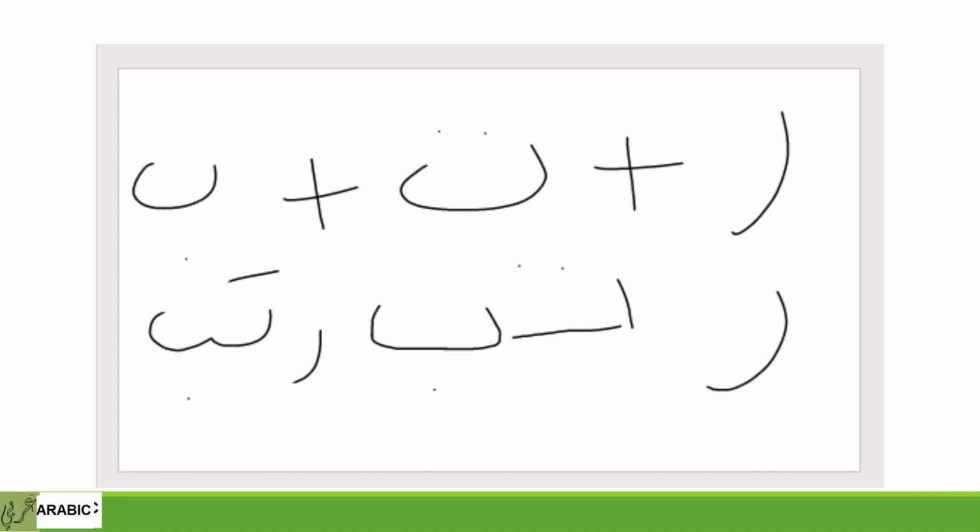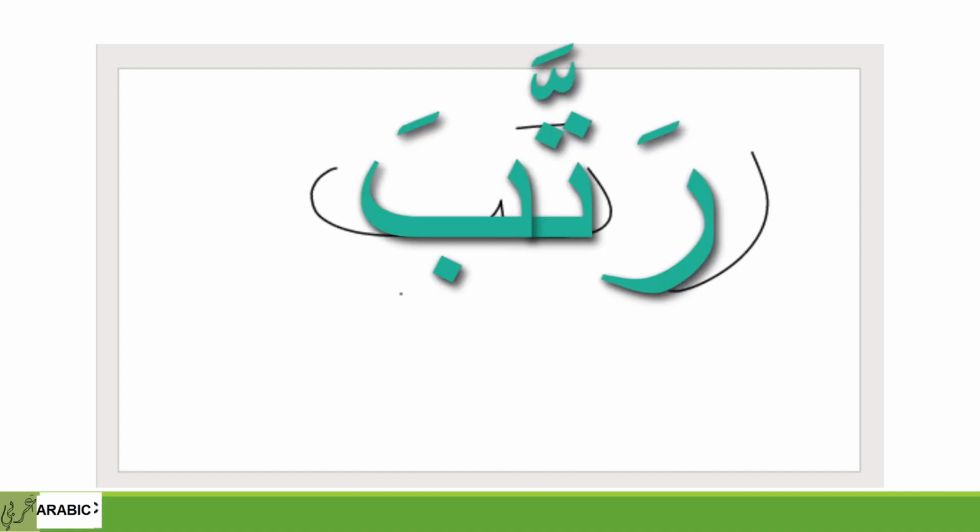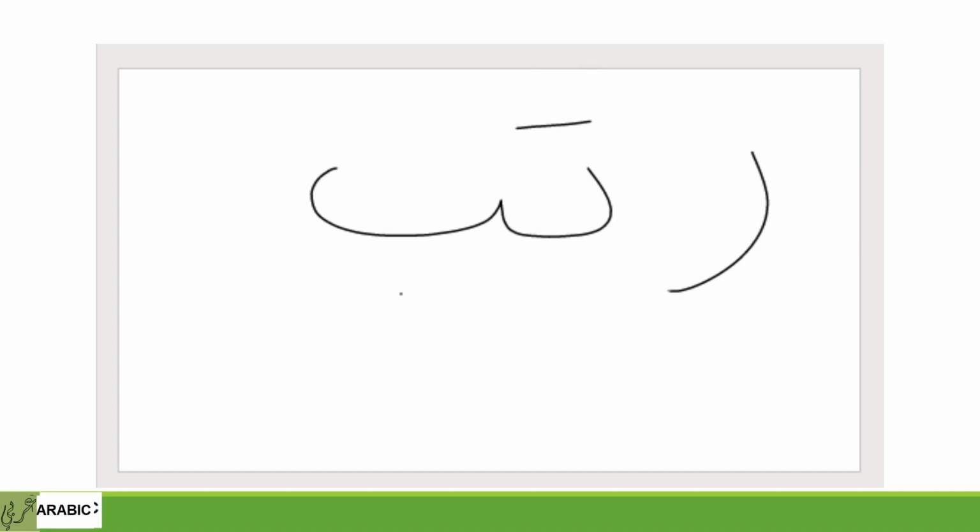I'll try to make it look prettier here. Okay, so ra, te, that linked to the next ب, and usually the last letter keeps its full form. So the ب is going to keep its full form.